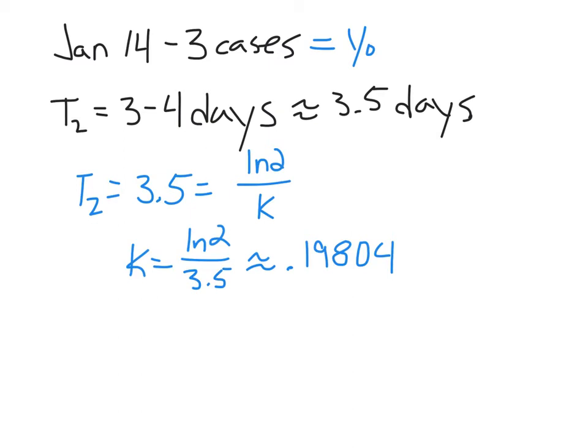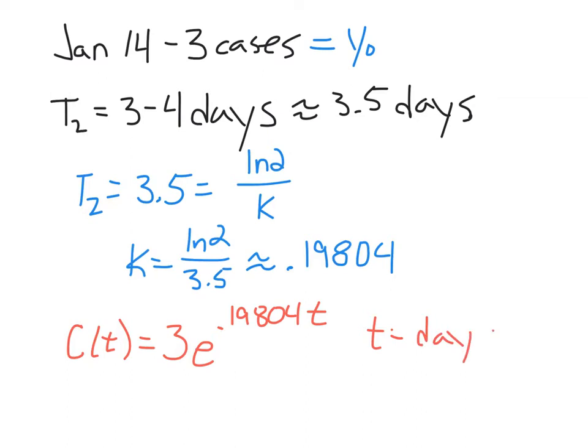And so then what we're saying is our exponential model, and we'll call it COVID, is our initial value of 3 cases that we found, e raised to the 0.19804 t, where t is days. And so in order to project forward, all we're going to need to do is say, well, how far forward?